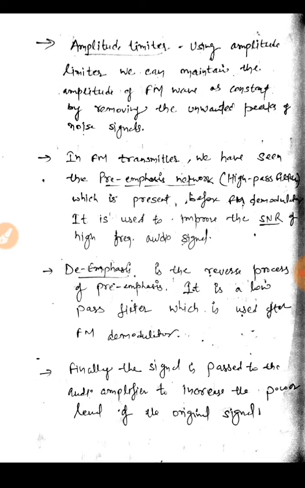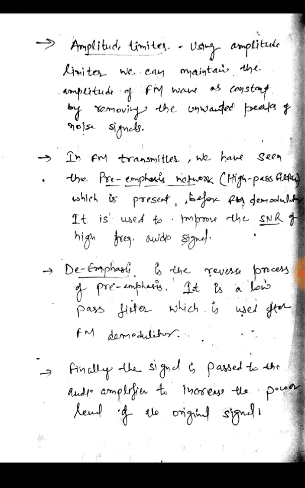Using the amplitude limiter we can maintain the amplitude of the FM wave as constant by removing the unwanted peaks of the noise signals.